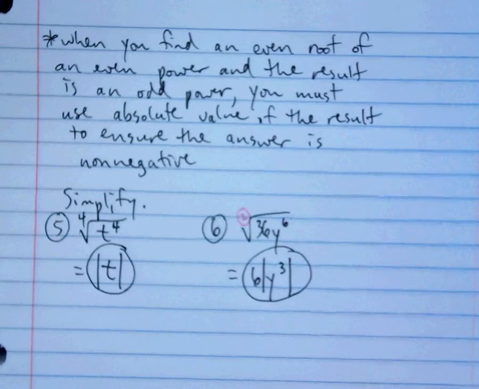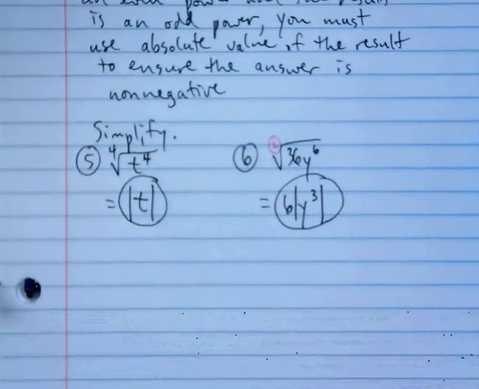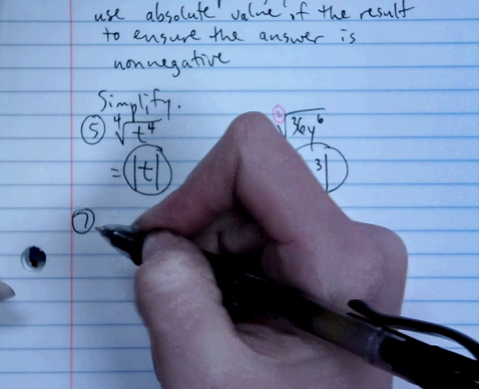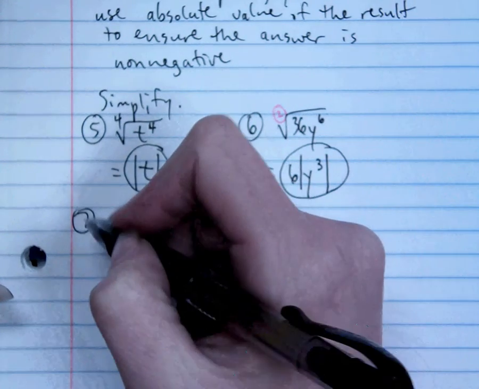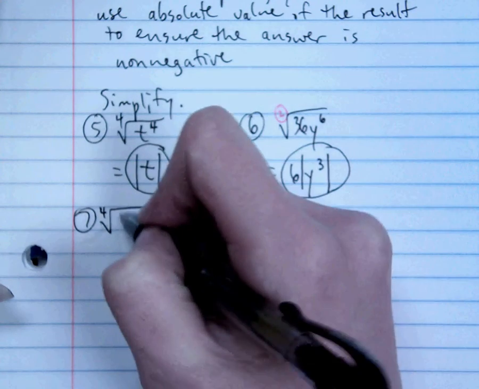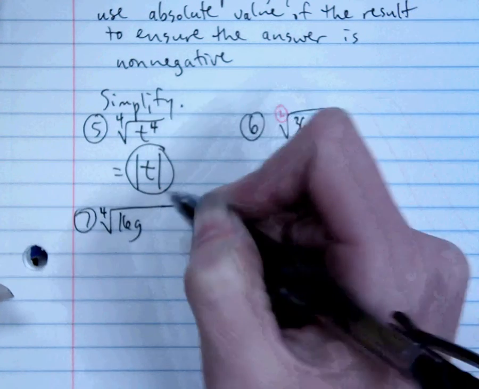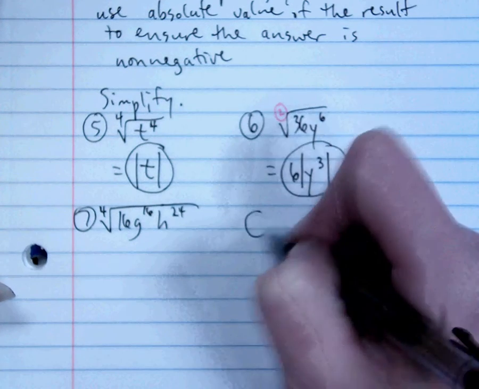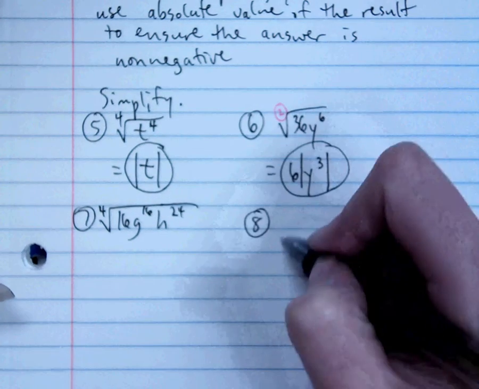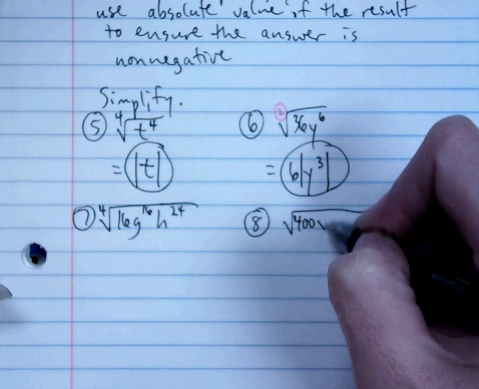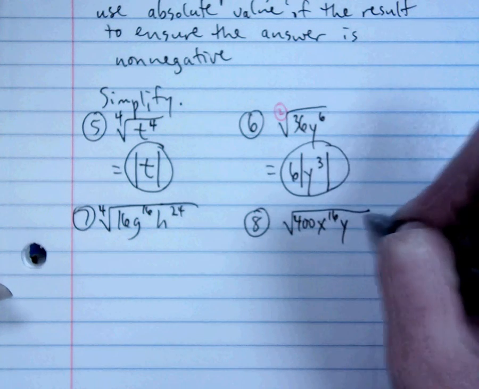Okay, a couple more to try, just to see if we get the idea. Let's do the 4th root of 16 g to the 16th h to the 24th. Let's do the square root of 400 x to the 16th y to the 10th.